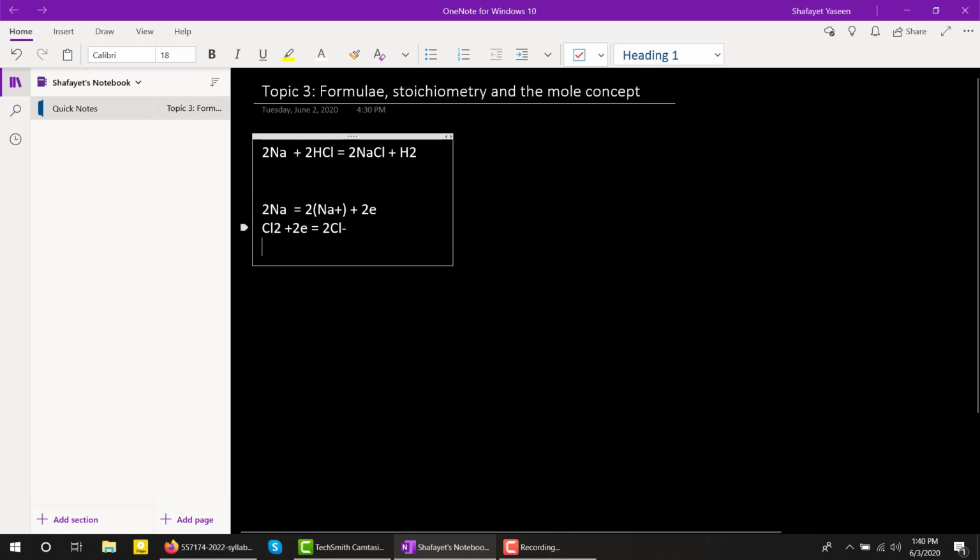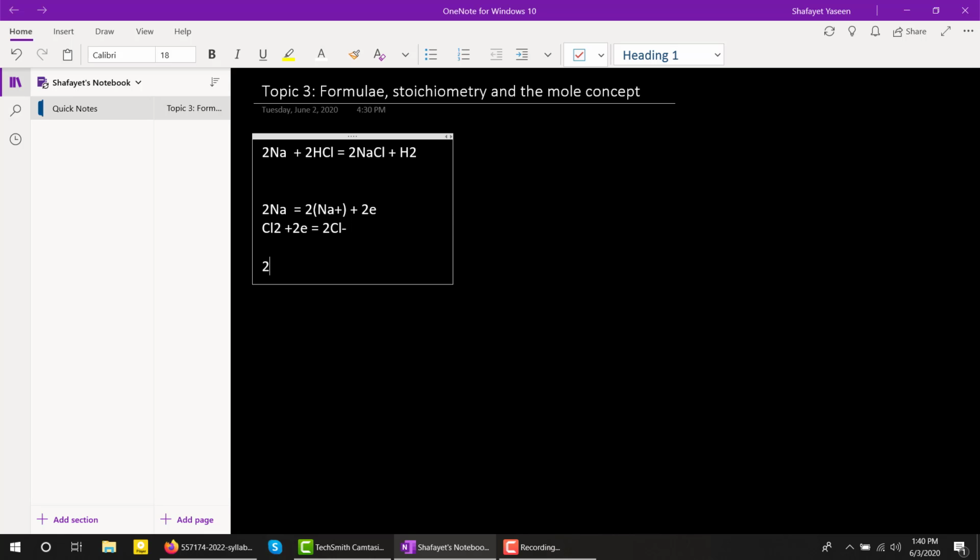Now all you need to do is combine the right hand sides with the left hand sides of both equations. For instance, on the left hand side of the first equation we have 2Na, and in the second equation we have Cl2 plus 2 electrons. We'll combine the left hand side elements of both equations, and the right hand sides of both equations similarly.